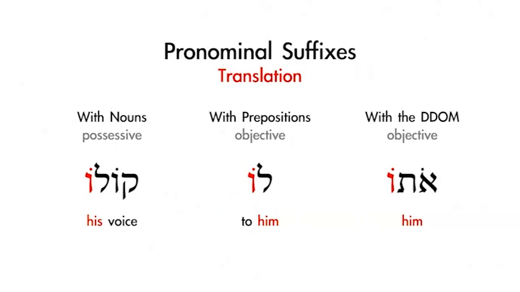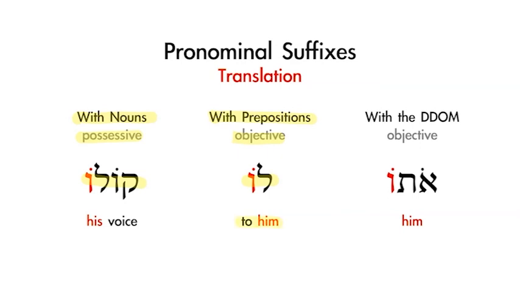Let's look at a few pronominal suffixes and consider their translation together. With nouns, pronominal suffixes are possessive. So consider this first example, kolo, his voice. The pronominal suffix is attached to the noun and appears in red. It's the 3ms pronominal suffix, his. With prepositions, the translation value is objective. In our second example, lo, the pronominal suffix, which appears in red, is attached directly to the preposition lamed, to him.